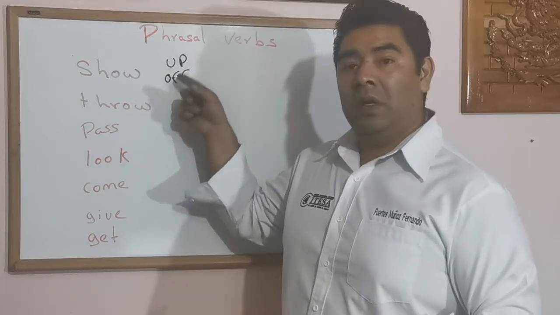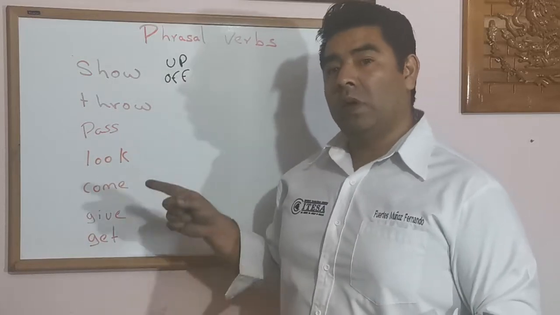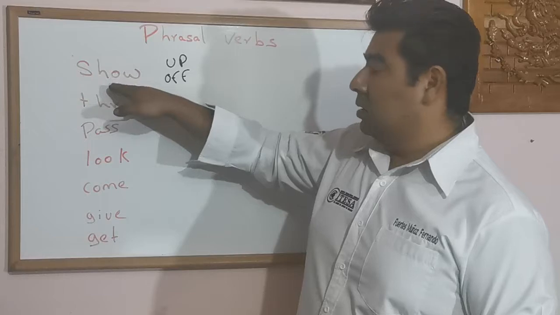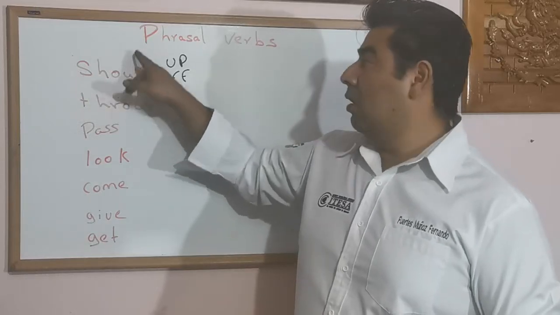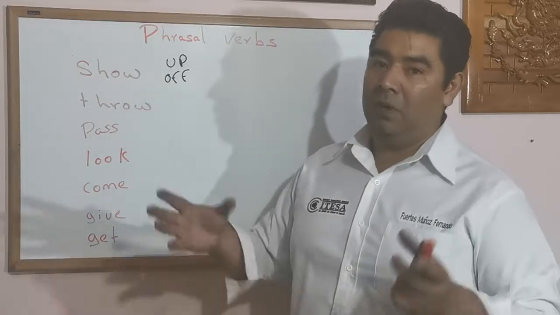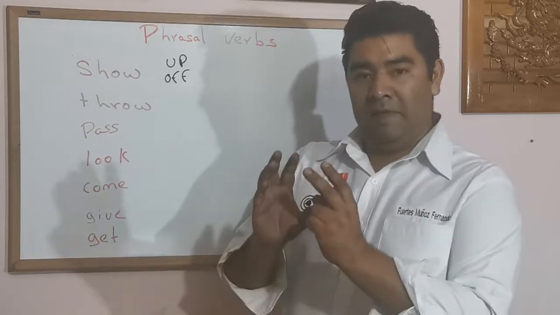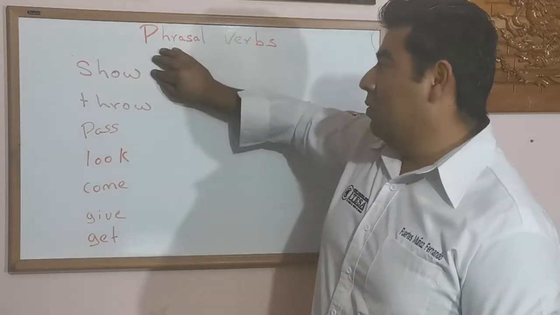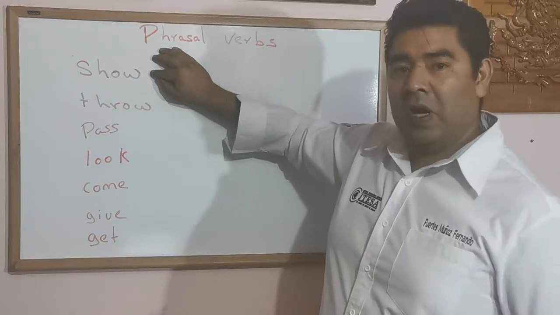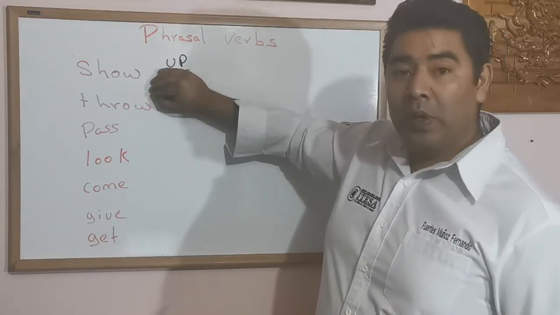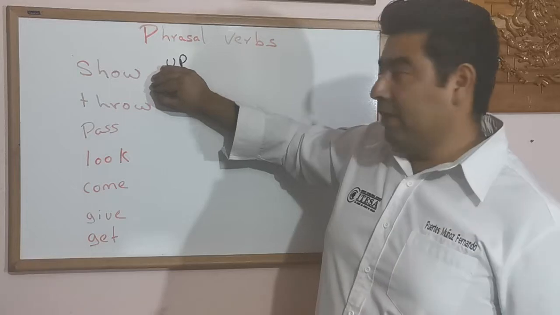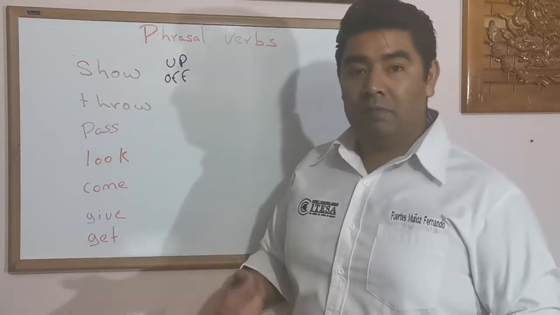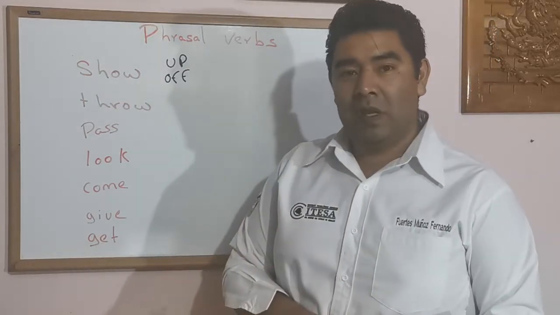This little word in here that is the preposition will change the main common meaning of the verb by itself, right? So show, just demostrar, show up, aparecerse, llegar, and show off, presumir, right?